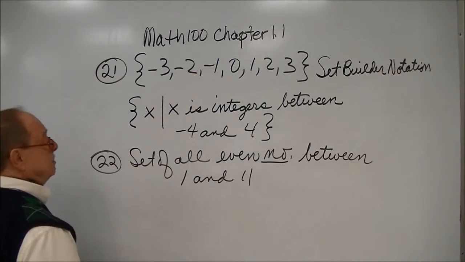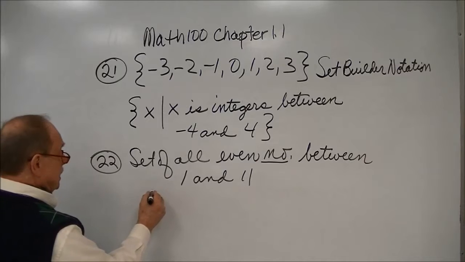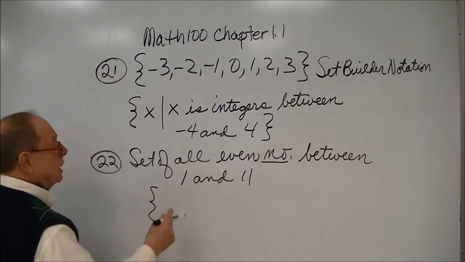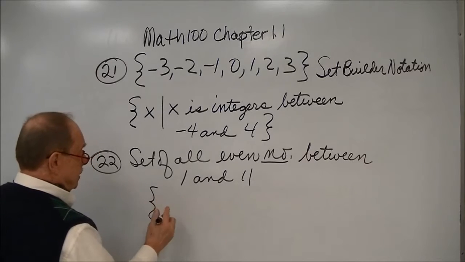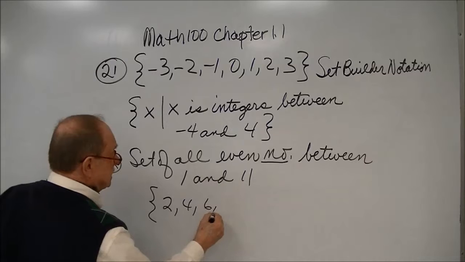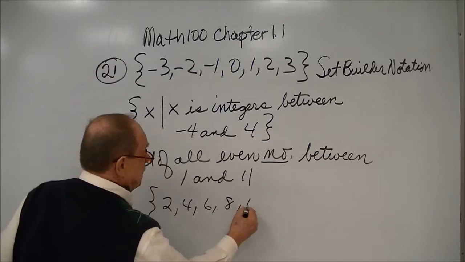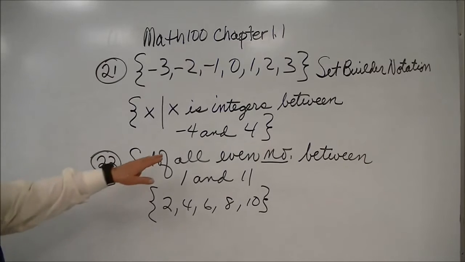But to put it in set builder notation, now remember, you could write it this way. In fact, let's do that. Even numbers between 1 and 11. So the first one is going to be 2, 4, 6, 8, 10. That would be another way of saying what they're saying here.